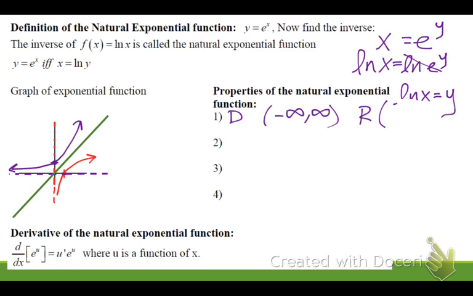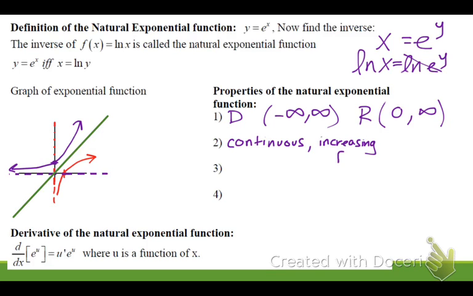So from 0 to infinity is the range. The exponential function is continuous on its entire domain. It's increasing on its entire domain, which means that f prime is greater than 0, positive.